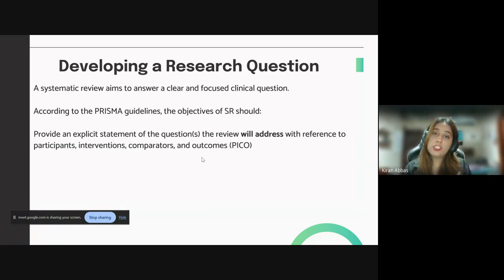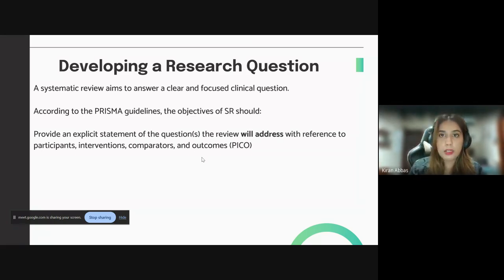So most journals actually ask for a PRISMA checklist, whether you have tick marked everything that's supposed to be in a systematic review. And what's supposed to be in a systematic review? Starting from the abstract, you need to have a clear title, right? The title should be very clear based on the research question.